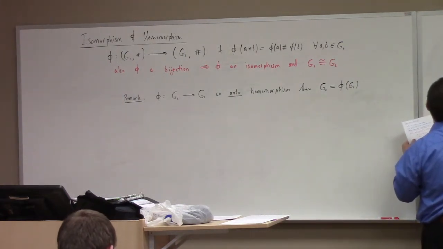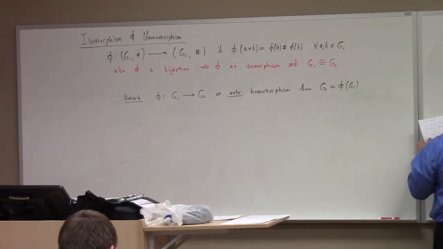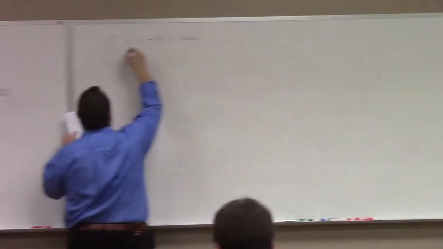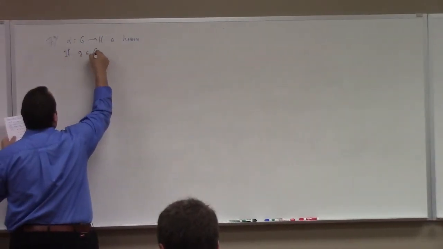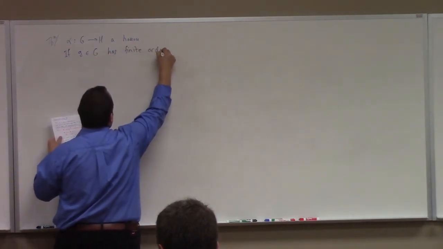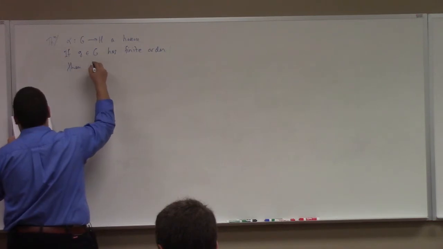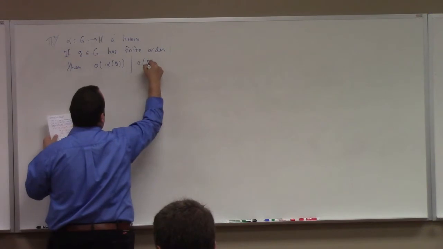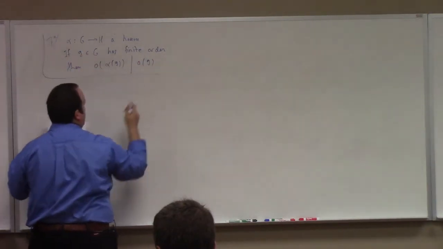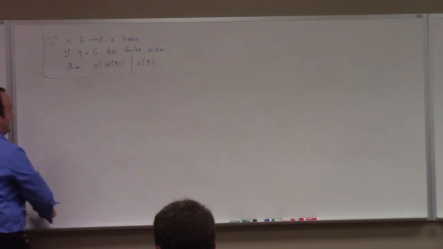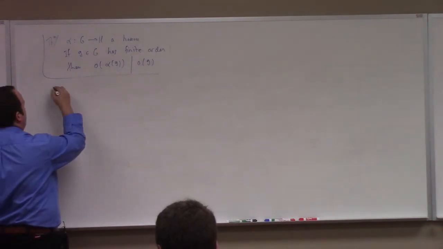If we have alpha from G to H, a homomorphism, and if G has finite order, then the order of the image of G divides the order of G. Okay. I may have said this before, but I certainly should repeat it. It's worth repeating. So here's the proof. It's very simple.